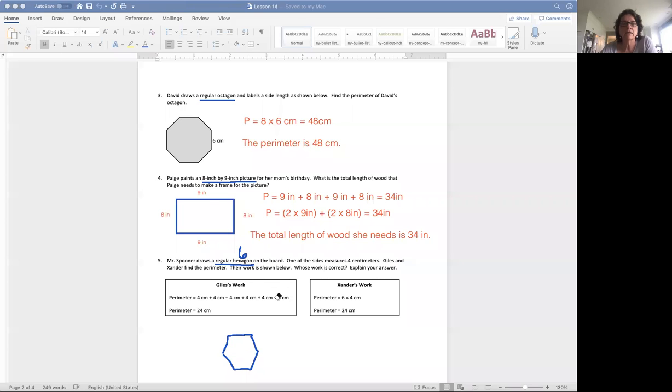Okay. And now let's go ahead and label our side lengths. Our side lengths are 4 centimeters each. So go ahead and do that. And when we get done, we should have 6 sides that are labeled 4 cm.